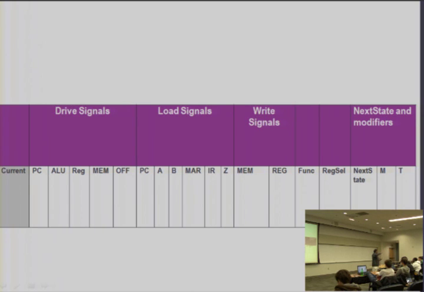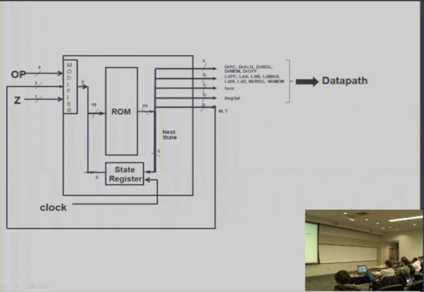And similarly, in the BEQ3 state of the branch sequence, you will say that turn on this modifier bit to indicate that I want to do a 2-way branch, taking into account what the value of the z bit is. So that's the additional thing that we've added to the microcontroller.